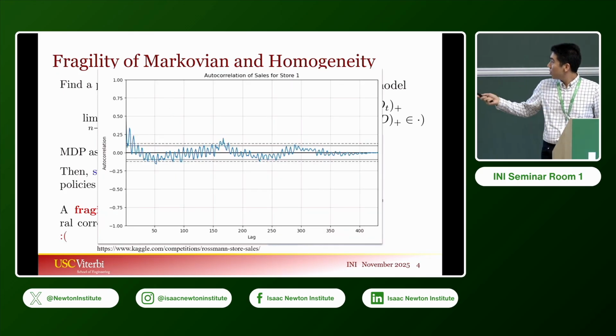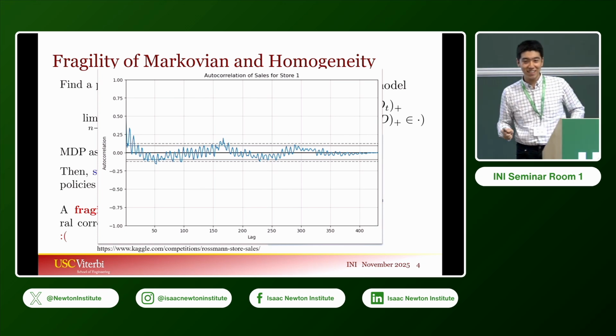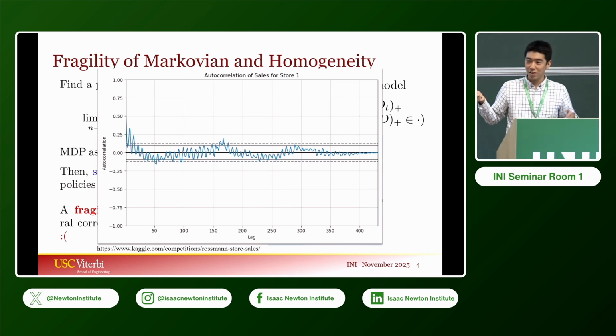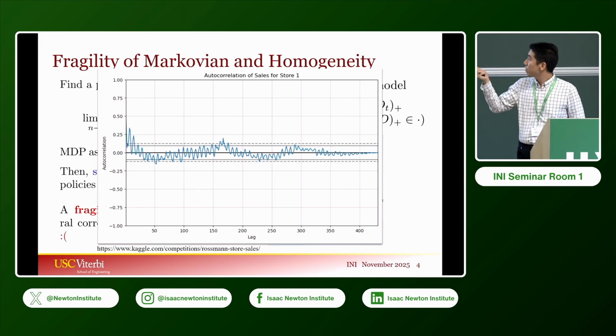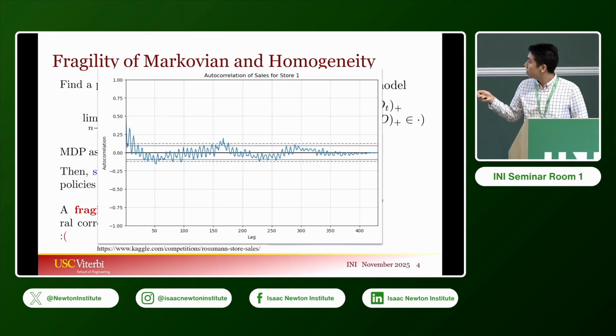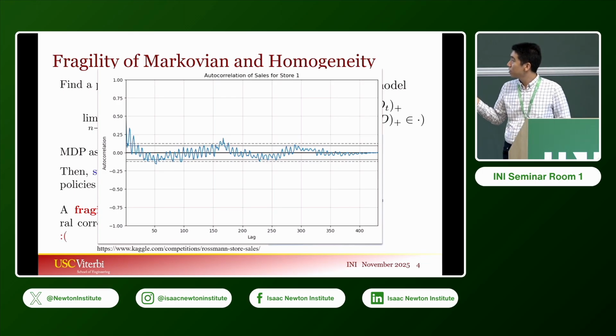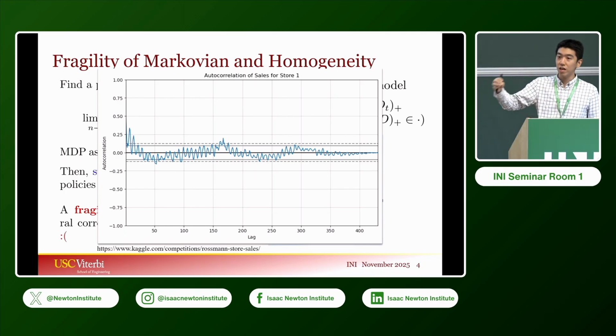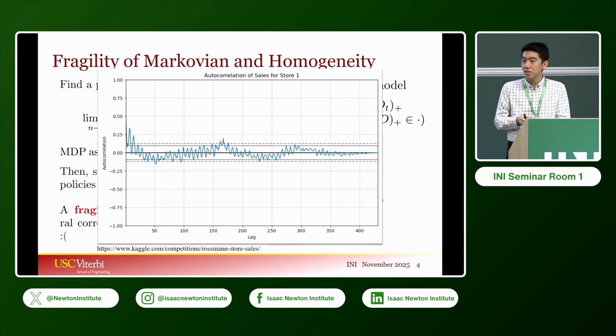This plot is the same one that Jose showed yesterday. This is the same data set where I'm plotting the autocorrelation function. As you can see here, the autocorrelation function shows a demand process that is very far from being IID. Note that there are not only these high frequency oscillations, but also these macroscopic trends. The high frequency oscillations actually come from the day of the week effect, so this Monday correlates with the next Monday.